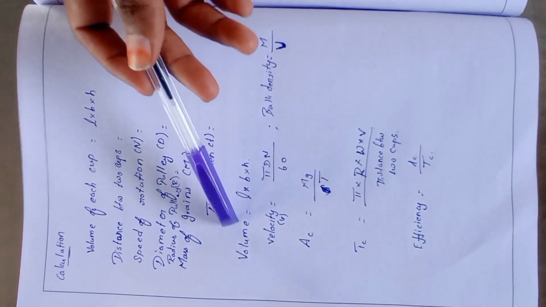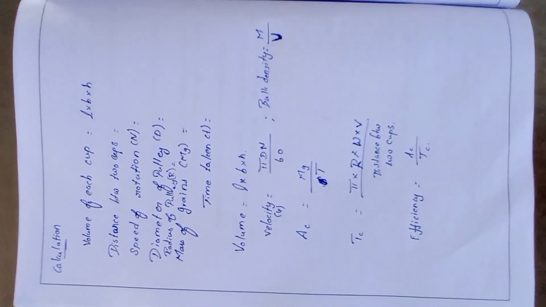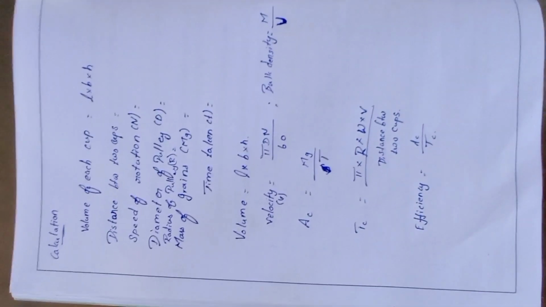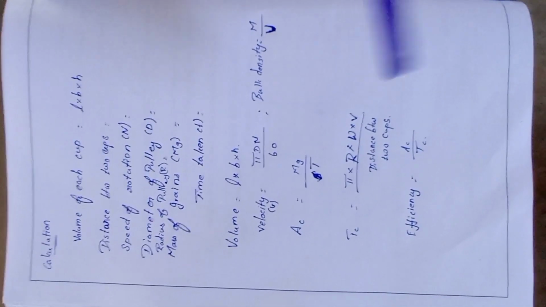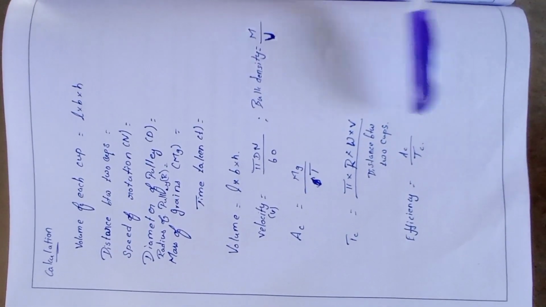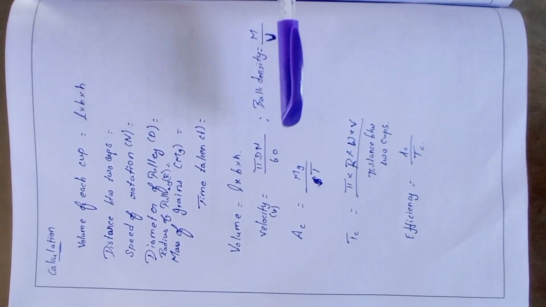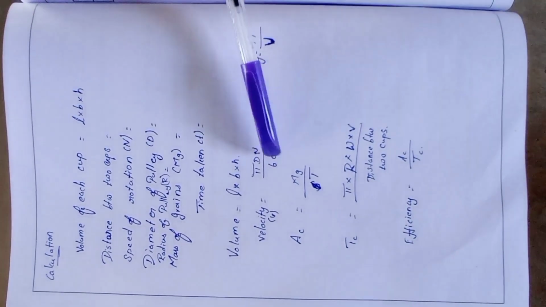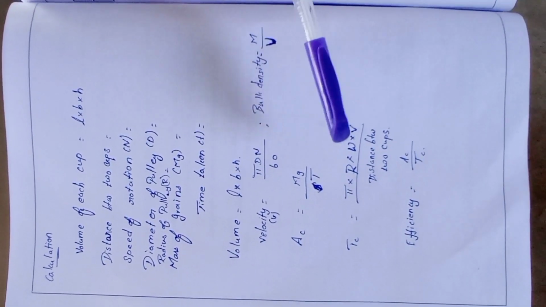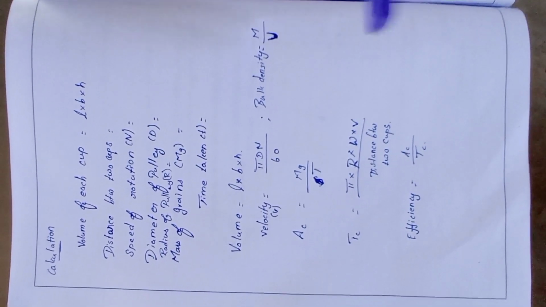We can identify the volume from here, and we already identified the mass, so we can identify the bulk density. And then for efficiency, we have to calculate actual capacity and theoretical capacity. For actual capacity, we just use the weight of the sample taken divided by the time taken for the whole process to be completed.